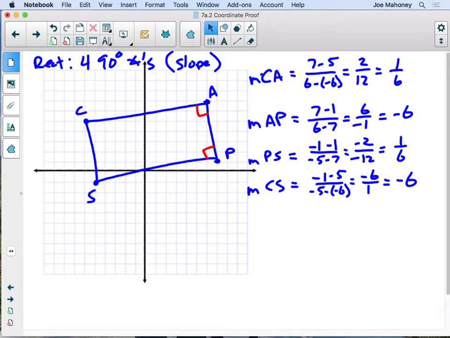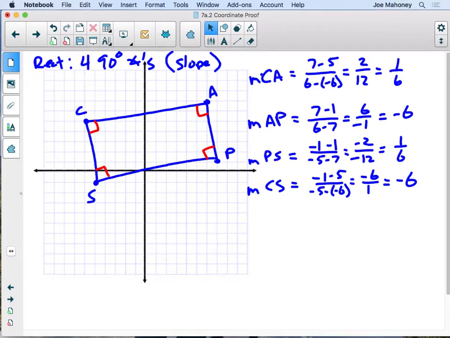Again, if you look at the slope of side PS and side CS, they're opposite reciprocals. So that angle is 90. And if you look at our last slope and our first slope, they're opposite reciprocals as well. So we've used our coordinate geometry to show that the adjacent sides make right angles.